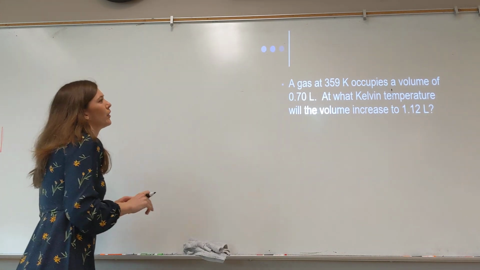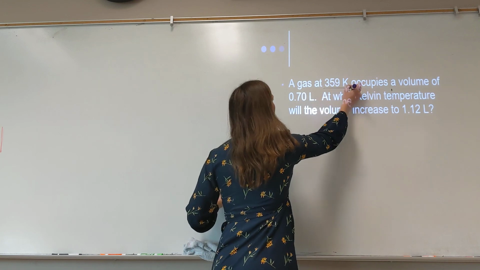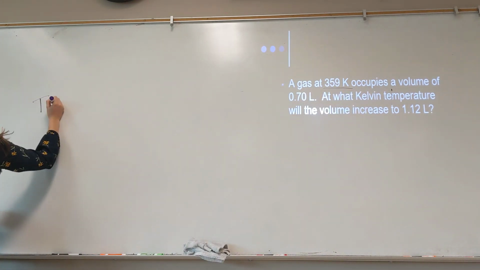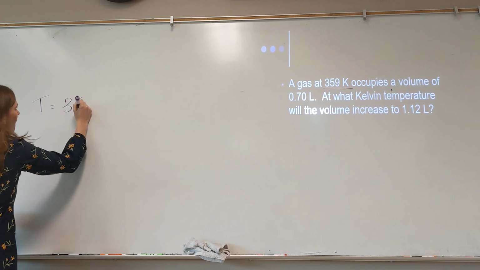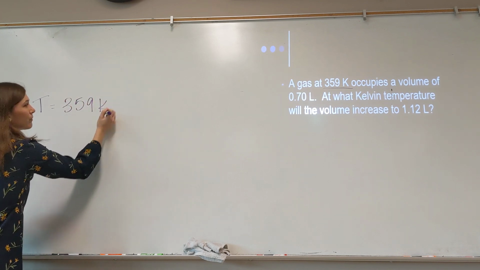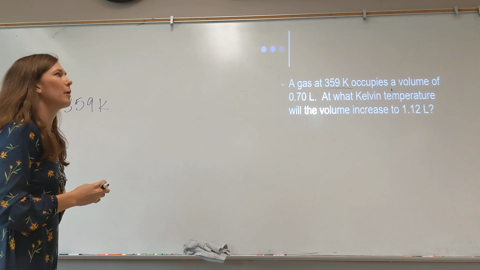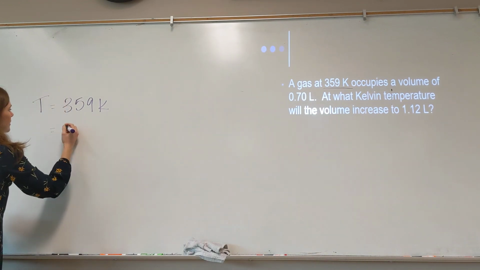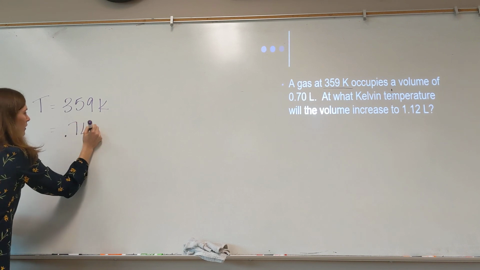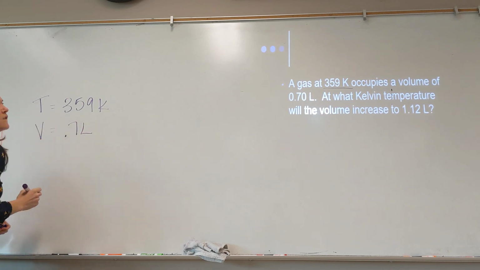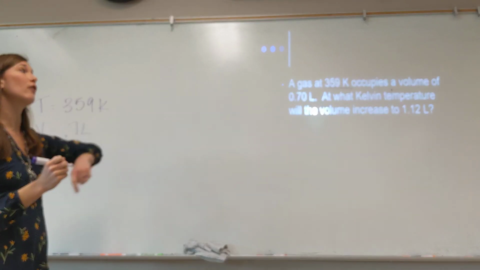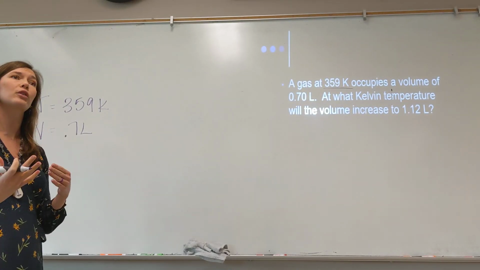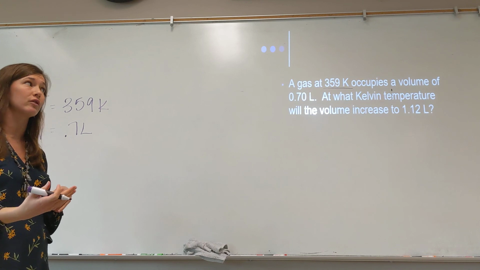So it says 359 Kelvin. Okay, so I'm given, remember Kelvin is the temperature. Occupies a volume, so it tells me that it's volume, 0.7 liters. And then it says, at what Kelvin temperature will the volume increase? So when it's increasing, it's telling me that it's changing over time.